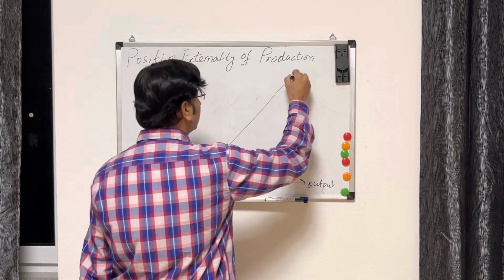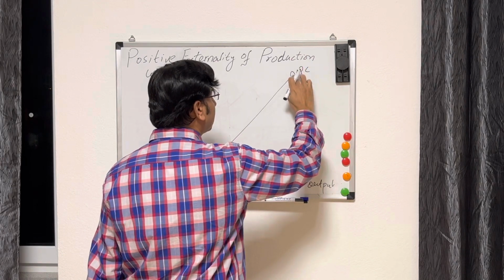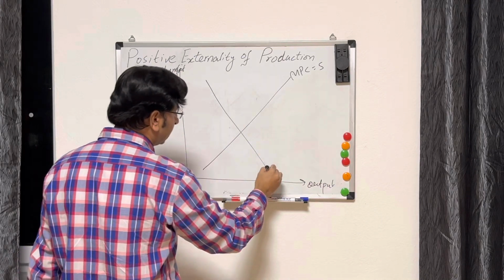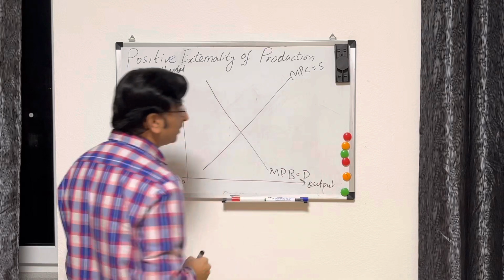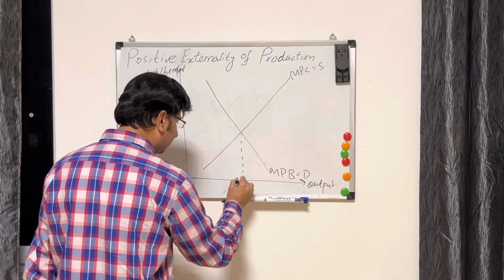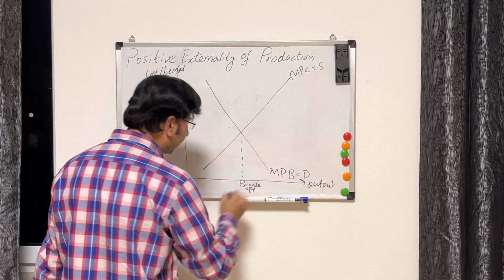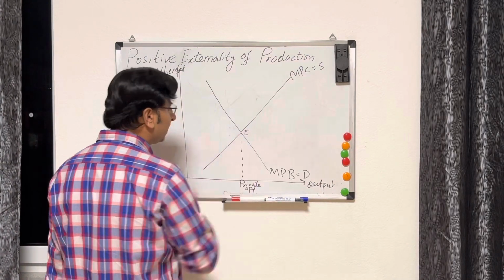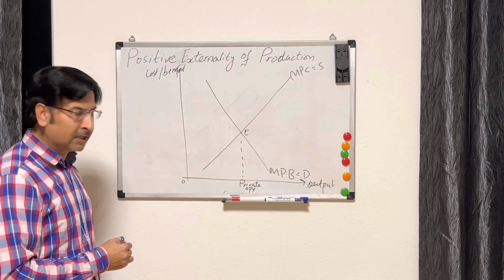You would be taking exactly the same marginal private cost equal to the supply curve. You have marginal private benefit equal to the demand curve, and as in the previous case, this is our private optimum. That's the point where the firm is at equilibrium and the private sector is producing at this point.